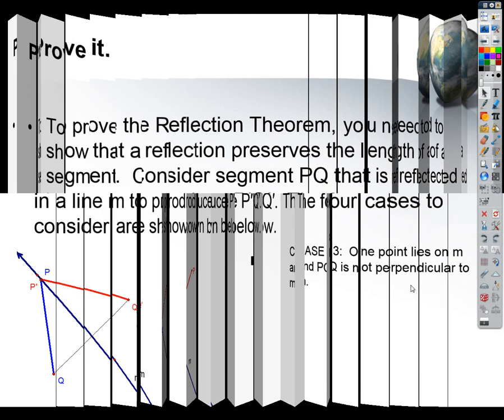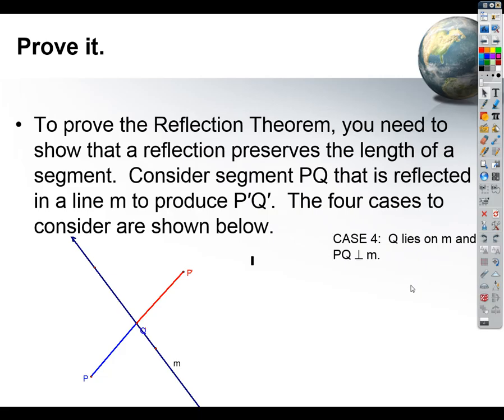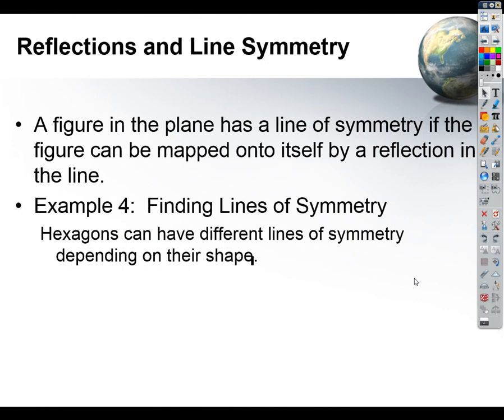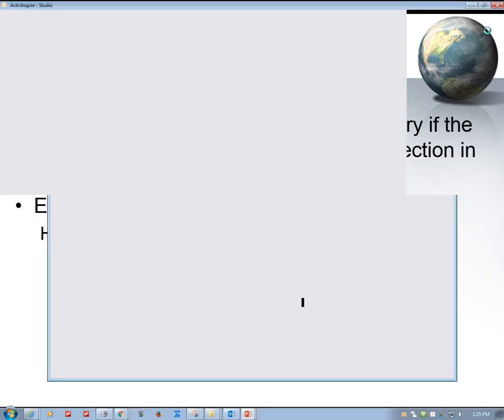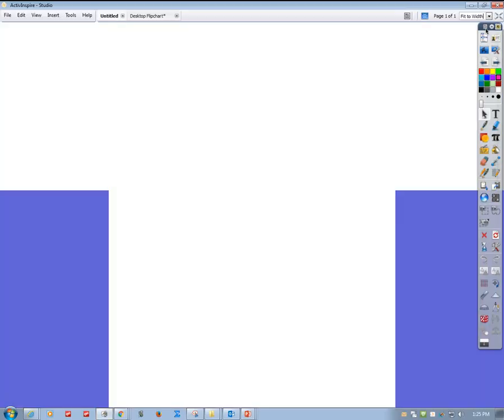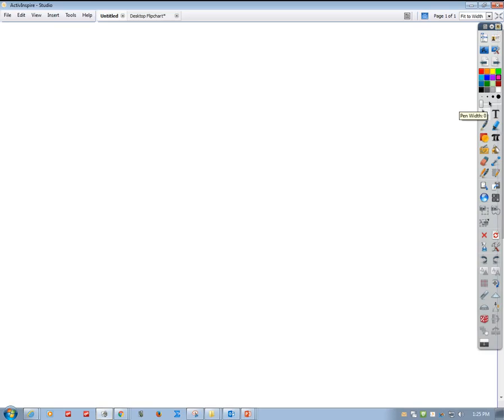One other thing I wanted to show you. Can't remember if it's on this one or not. Okay, yeah, this is it. What happens for something, so what about something like this? What if I've got a line of symmetry?